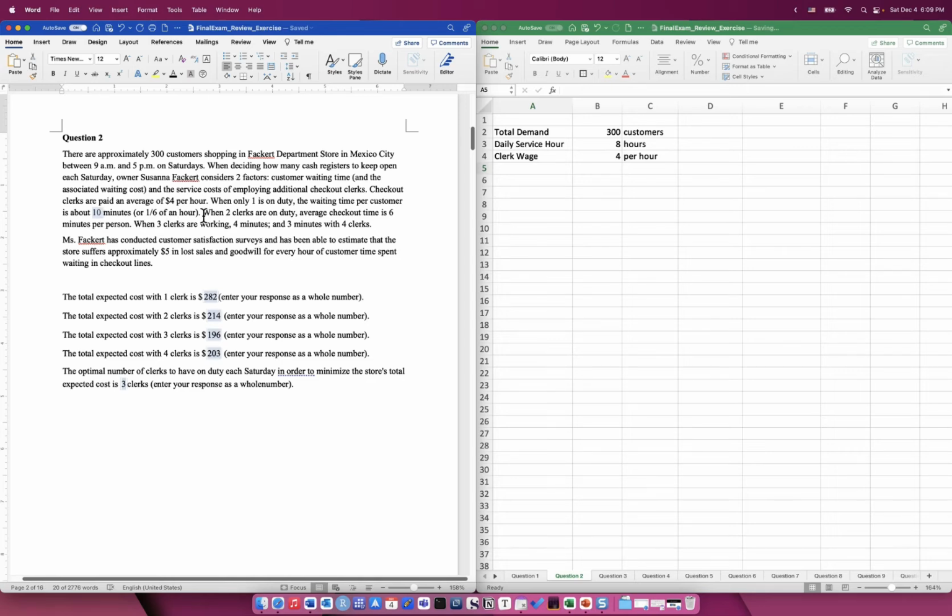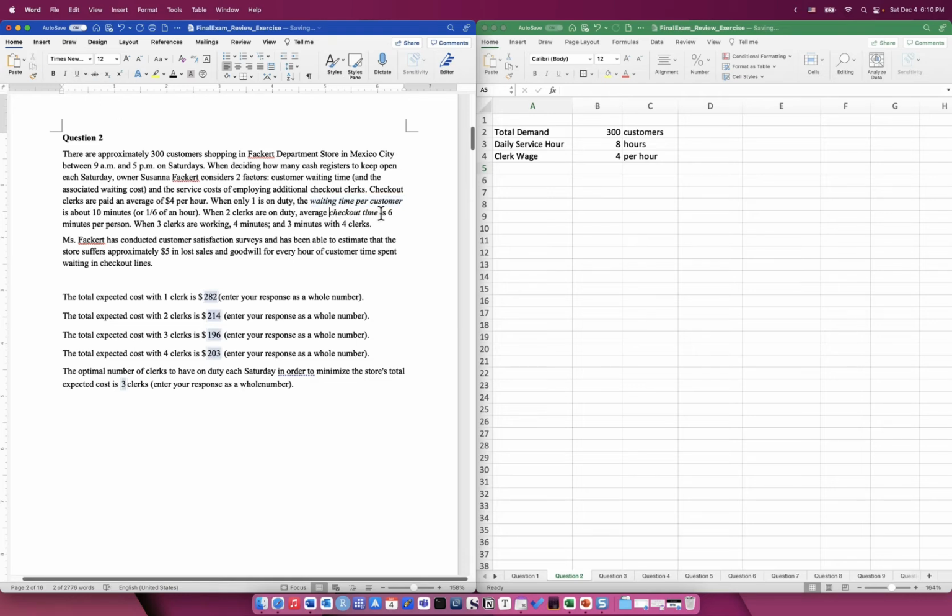Let's see further. When 2 clerks are on duty, average checkout time is 6 minutes per person. When 3 clerks are working, 4 minutes, and 3 minutes with 4 clerks. I'm a little puzzled about this checkout time, whether this indicates the service time or basically means the same information presented here, the waiting time per customer.